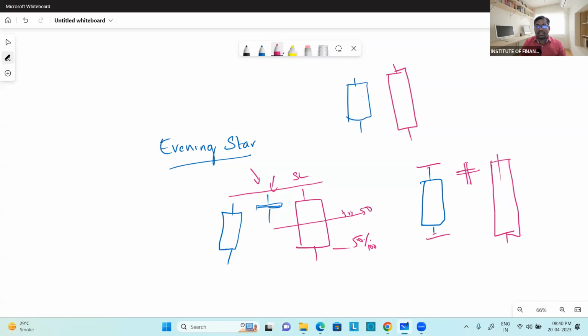Now you look at this. Is it not a bearish engulfing? Is it not a bearish engulfing? Tell me.